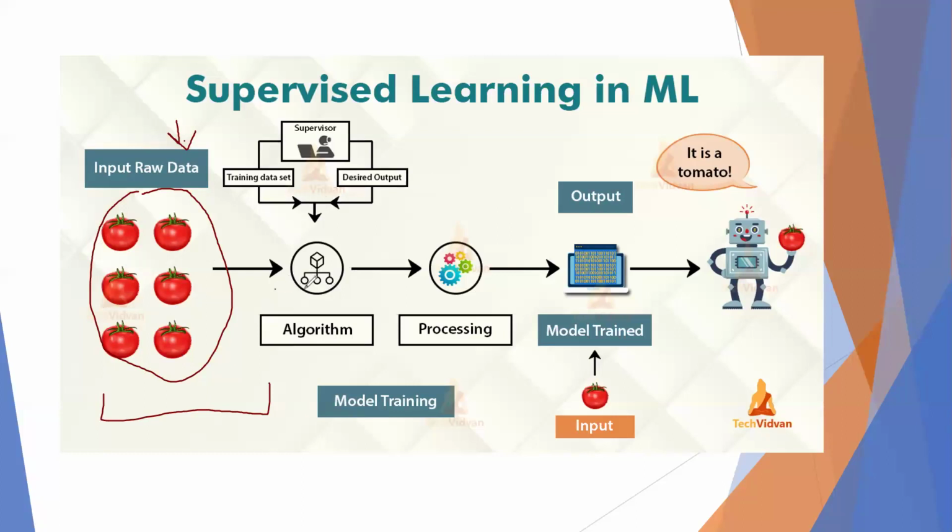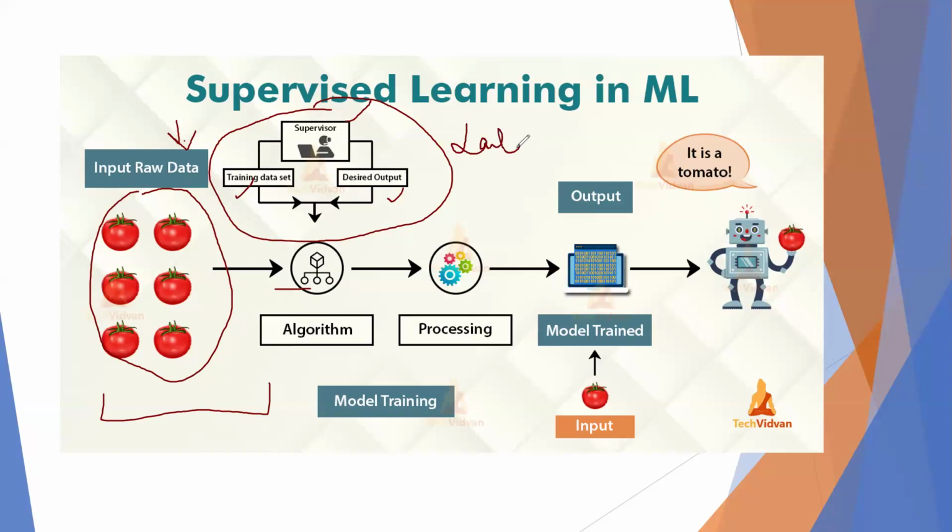So we are giving the input images to the algorithm, that is, some machine learning algorithm. On top of the machine learning algorithm, there is something written that says we are having a supervisor. The supervisor is the algorithm, or a trainer we can say, that has the training data set and desired output. The supervisor helps in this complete algorithm because we are having labeled data.